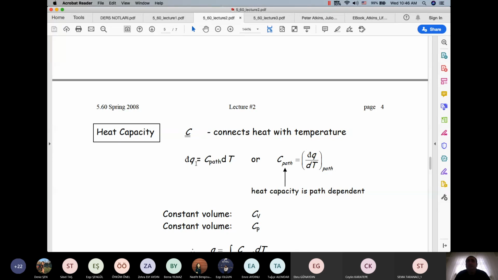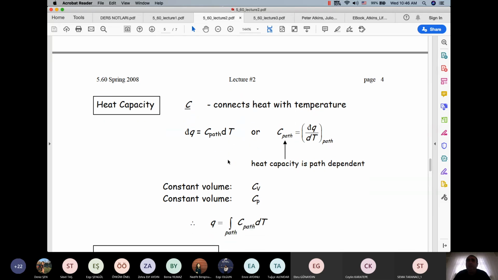And the infinitesimal amount of heat that you put is defined by the heat capacity times the temperature change. There are two different evolutions that you can make in a system from initial to final state.